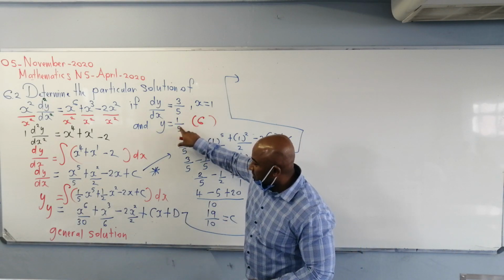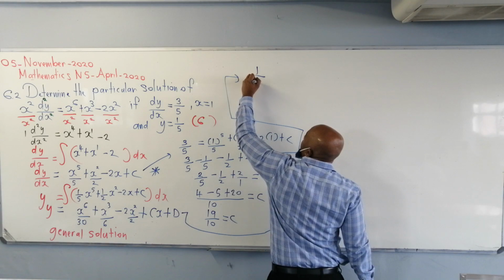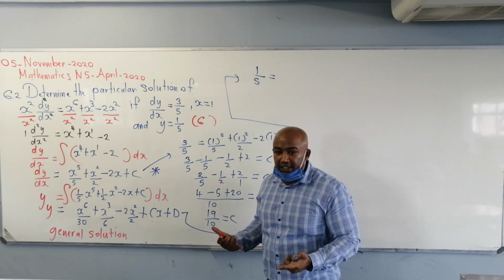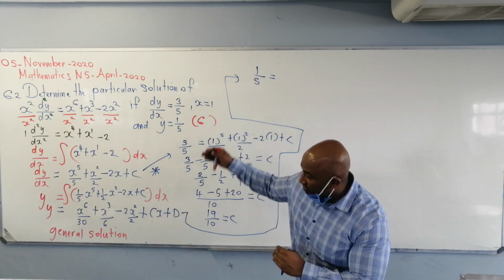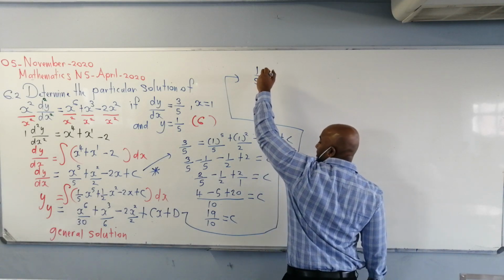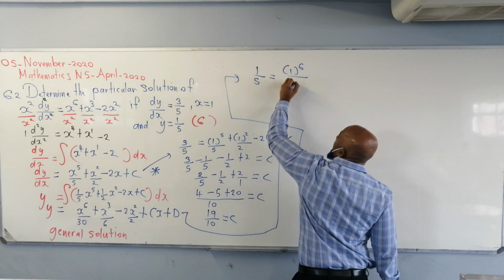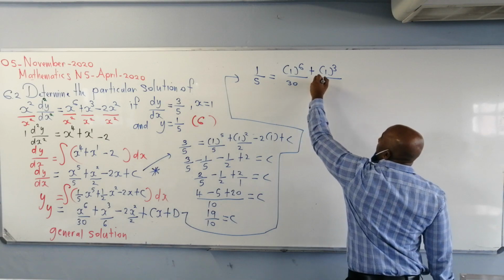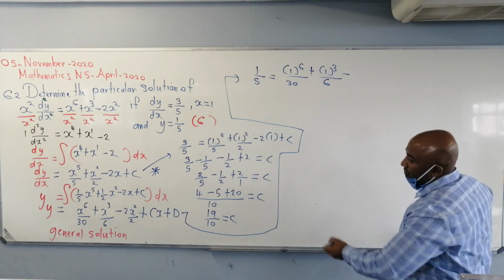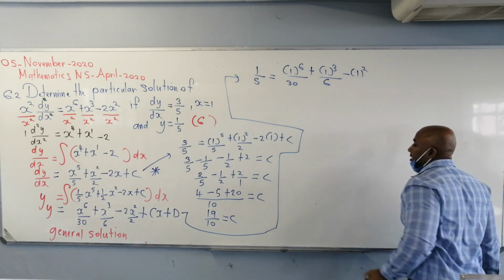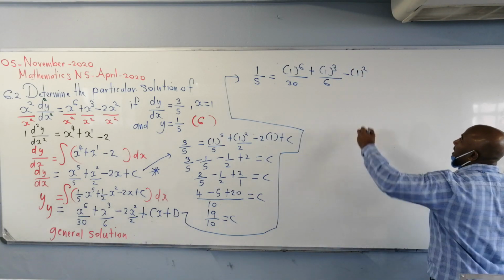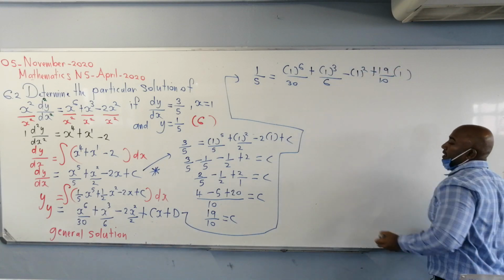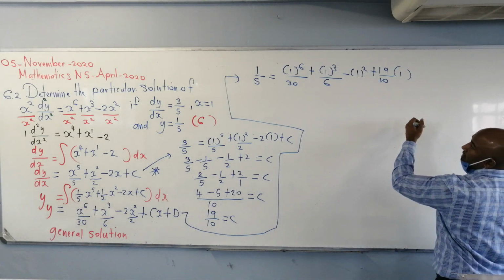What do we know? When y is equal to 1 over 5, so I got 1 over 5 on the left hand side, and the value of x is constant, it does not change. Okay, so x is equal to 1 for everything. So that will be 1 to the power 6 over 30 plus 1 to the power 3 over 6 minus 1 squared and then plus cx, so that will be plus 19 over 10 times 1 plus d.